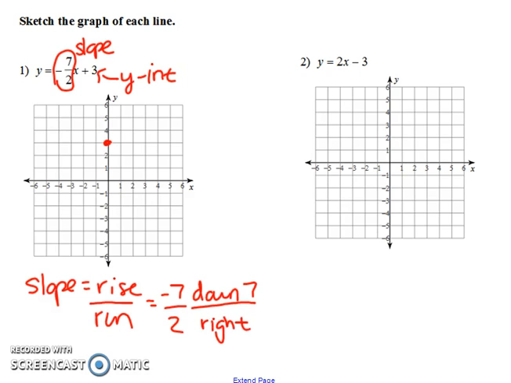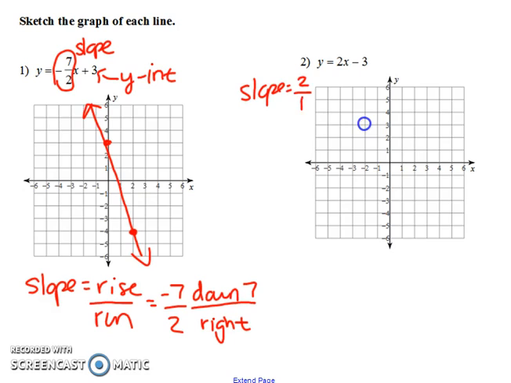So I'll start at this y-intercept right here, and I'll go down 1, 2, 3, 4, 5, 6, 7 over 2, and then I'll make a point right here. And then you just connect your line. Okay, I know that line looks about right because my slope is negative and my line is going down, so that makes sense.